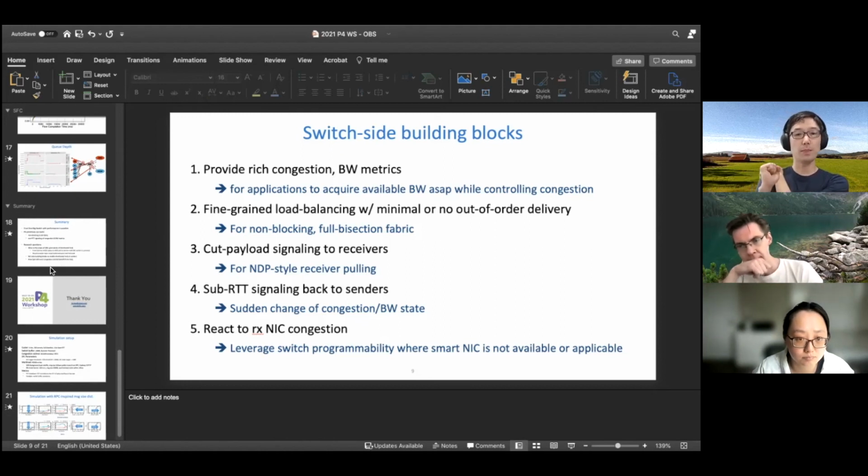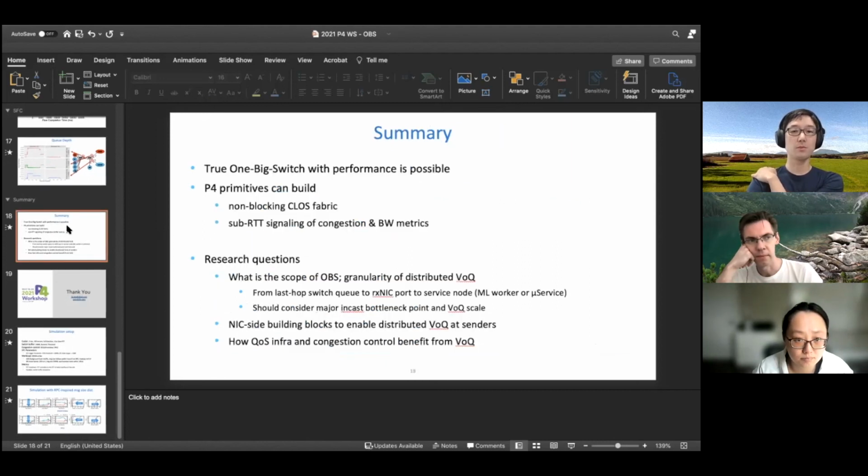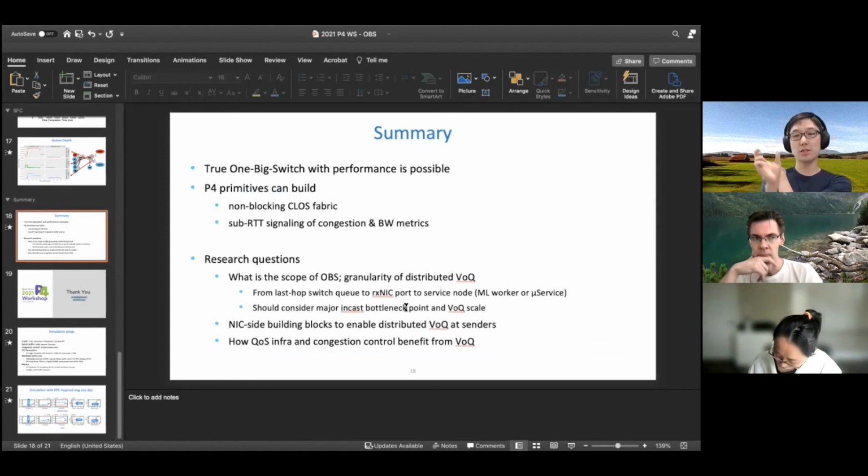But from the P4-driven end-to-end network design perspective, to me, one interesting question is which bottleneck we really want to model using this VOQ. And once this VOQ abstraction at the sender side or ingress side represents such different bottleneck points, how do we make use of them?